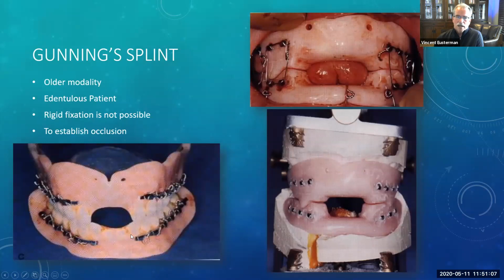This is a denture made into a gunning splint. And when a patient can be operated on where rigid fixation is impossible, you can tap your prosthetic colleagues to help you design these splints where the patient can actually open his mouth, and you put these little hooks on the splints, they interdigitate, and the patient wears these and they eat through this small hole up front while their jaw is healing.